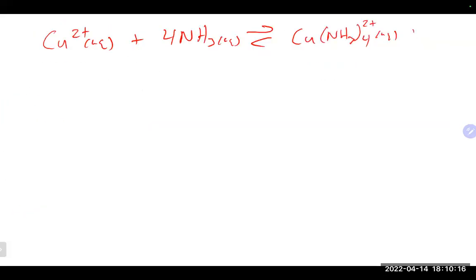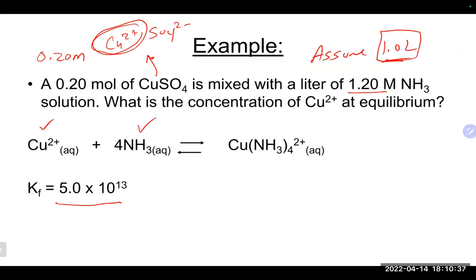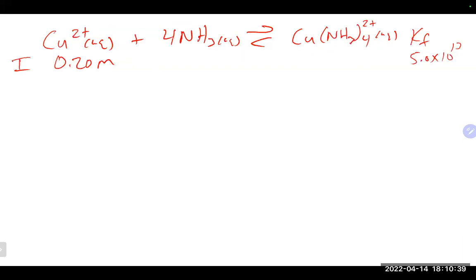Initially, our concentration of copper is 0.2 molar, our concentration of NH3 is 1.2 molar, and we'll assume 0 for the complex ion.